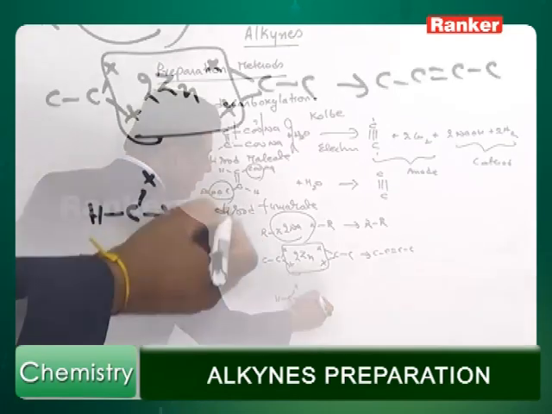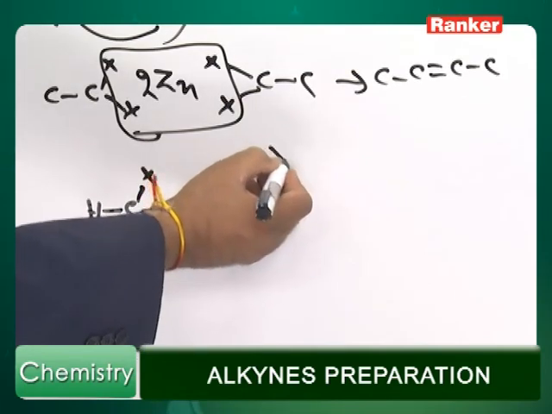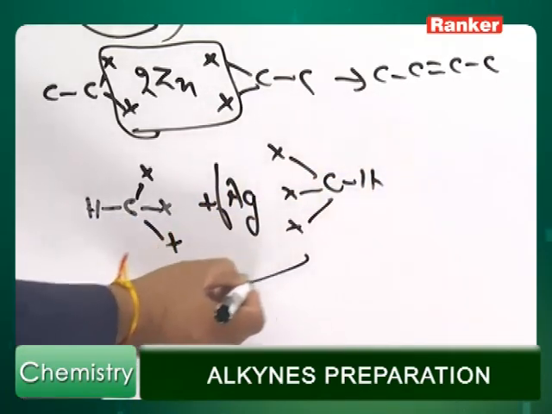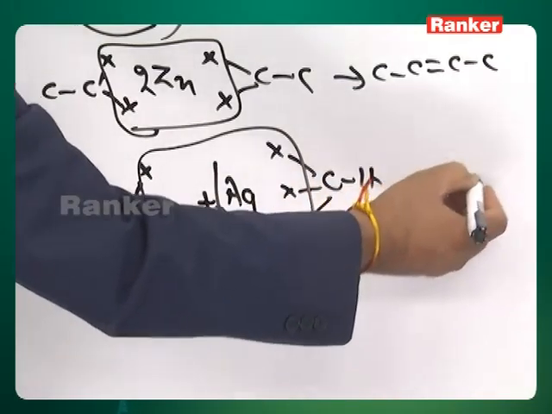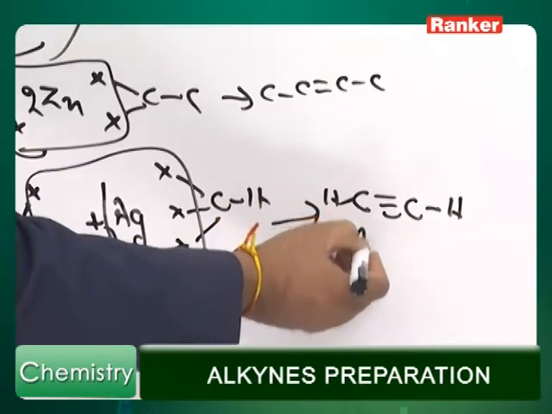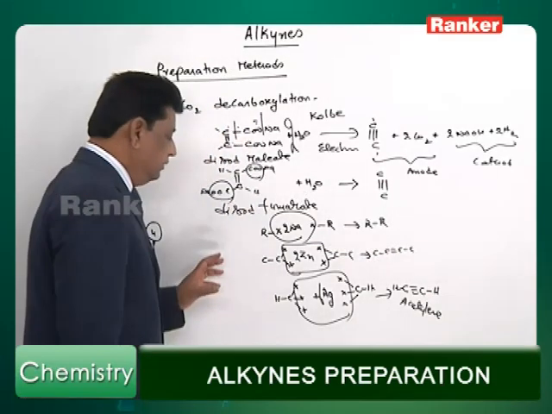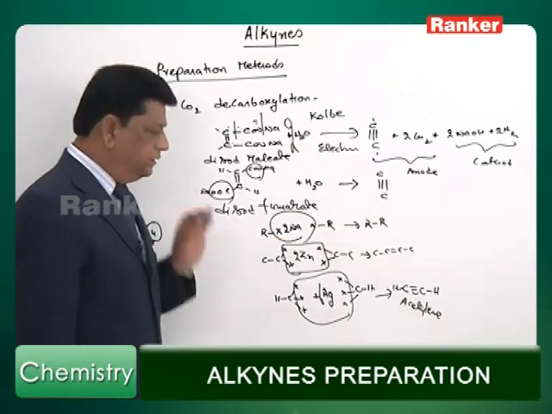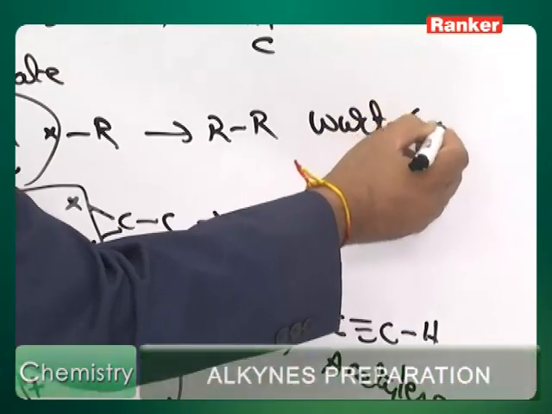Add silver metal, 6 silver atoms: this side 3 halogens, that side 3 halogens, 6 silver halides will be removed, and you will get the coupling of this carbon with that carbon with a triple bond formation, which results in acetylene formation. This is our context now. This is nothing but the Wood's coupling reaction.